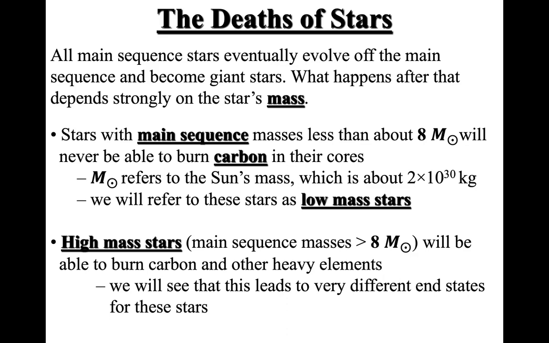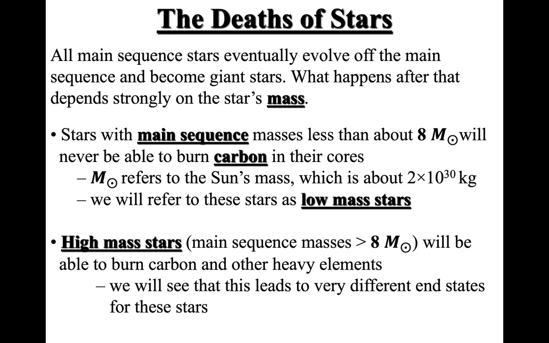So that's what we discussed. Now, after you have carbon at the center, what happens to the star depends on its initial mass. If the star has a main sequence mass less than 8 solar masses, it will never be able to burn carbon and make heavy metals, right?